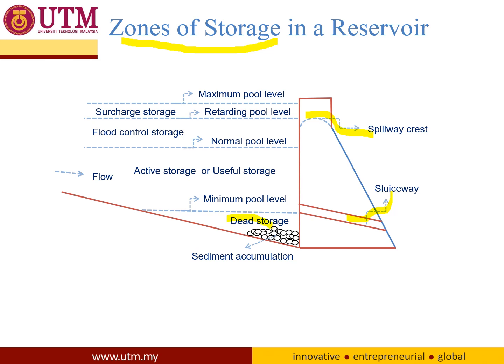There is dead storage, and there is active storage, where the level will vary. Some reservoirs, although for water supply, can also be used for flood control storage. So some reservoirs also have flood control storage and some additional surcharge storage. So these are the zones of storage in a reservoir.